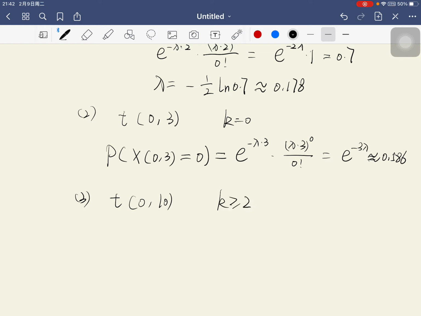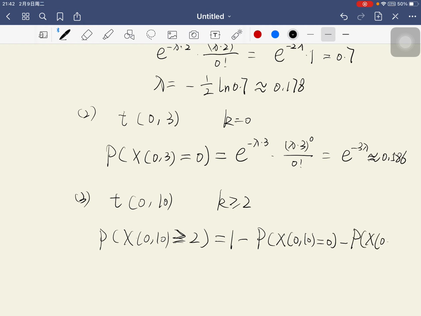And for the third question, we want to find, in 10 minutes, the probability that at least 2 customers arrive. So the probability of X in 10 minutes being at least 2 customers is equal to 1 minus the probability of X in 10 minutes equals 0 customers, minus the probability of X in 10 minutes equals 1 customer.